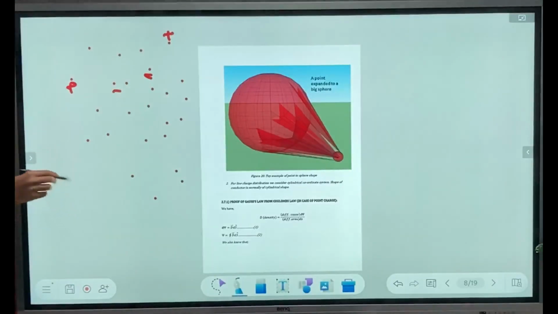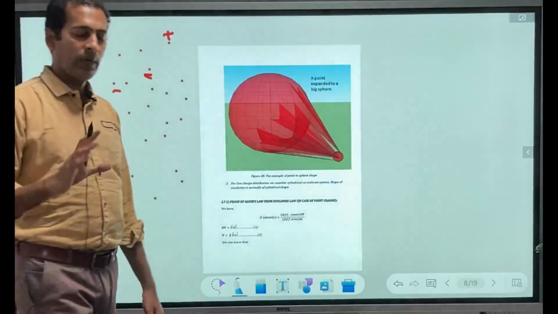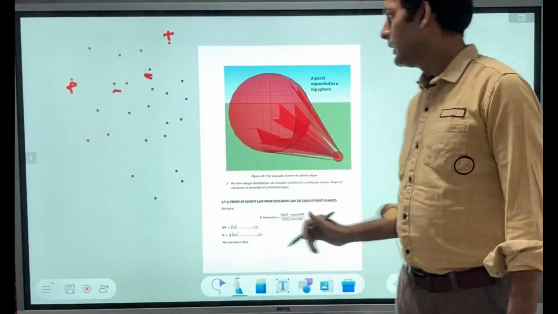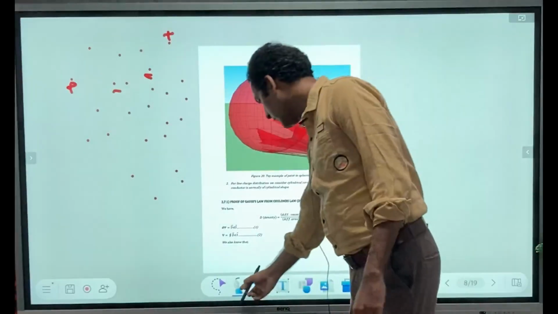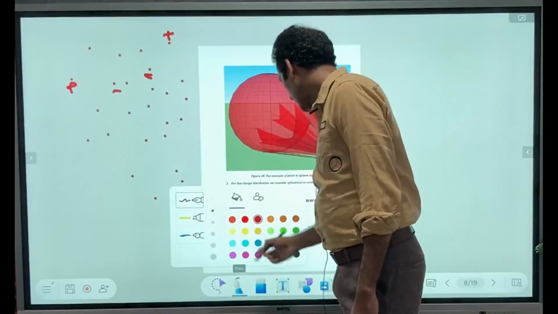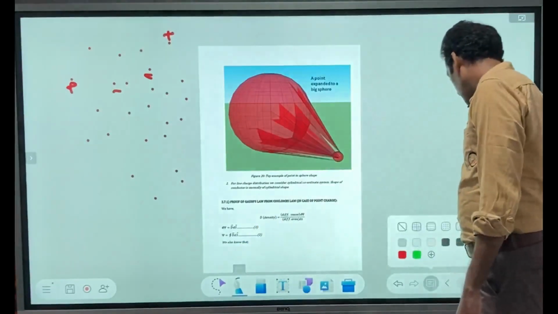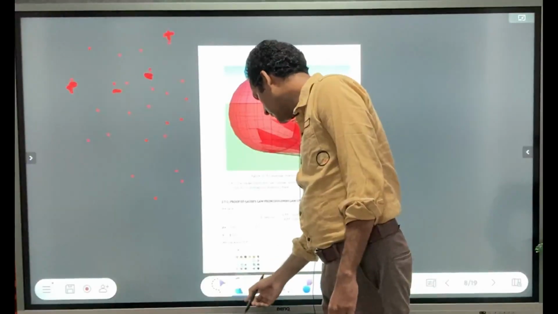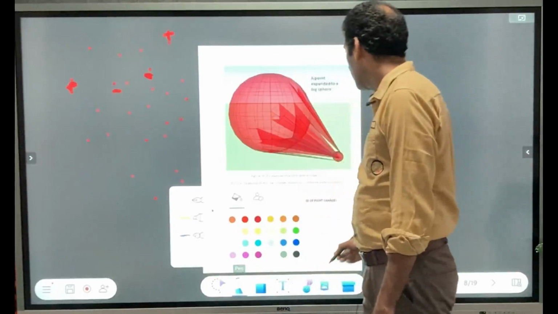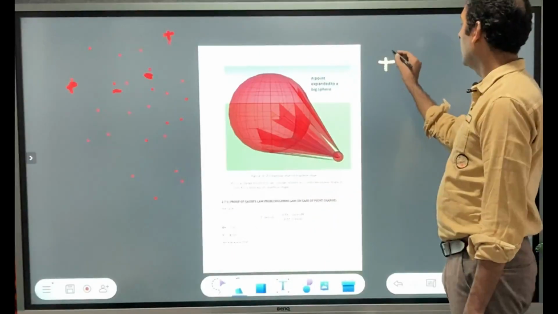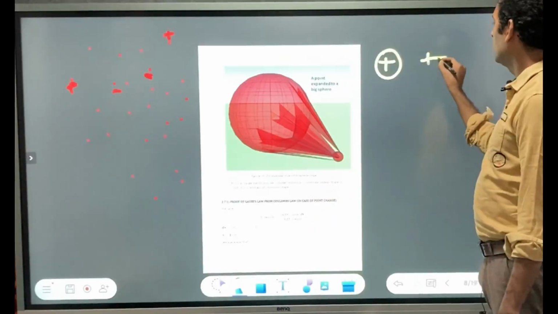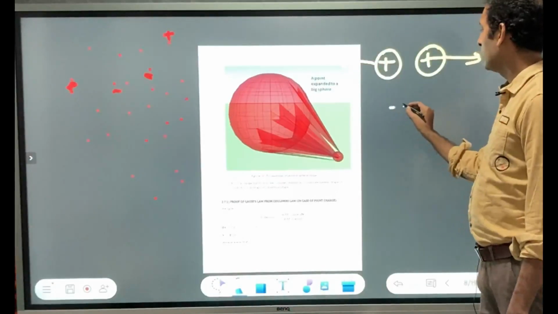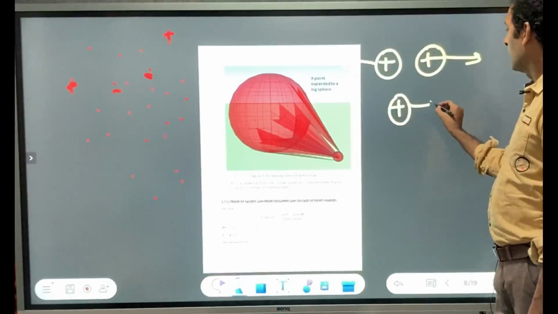They will have the sense of attraction and repulsion based on the charges. If there are similar charges, they will repel each other, and if there are opposite charges, they will attract each other.